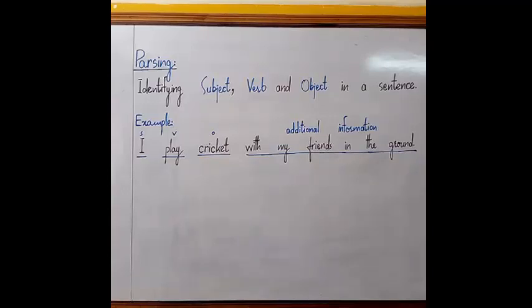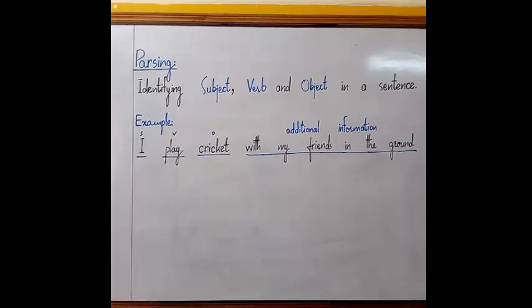Whatever is remaining apart from subject, verb and object, we call it additional information for our own understanding. So when you can parse subject, verb and object in a sentence, your 50% problem is solved. Now you can go on to converting this sentence into passive voice further with the remaining 4 rules.